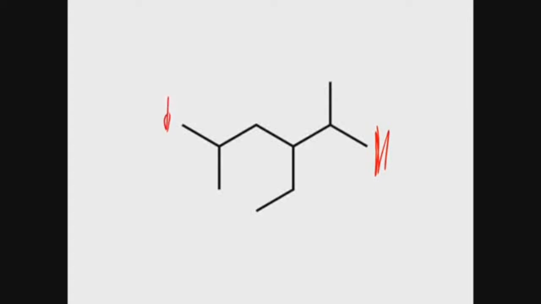It can't be this side because it will definitely give this one a higher number when you go from this side. So we start from this side, it will get a lower number. So let's not waste much time and just get to it. Is 1, 2, 3, 4, 5, 6, a hexane.